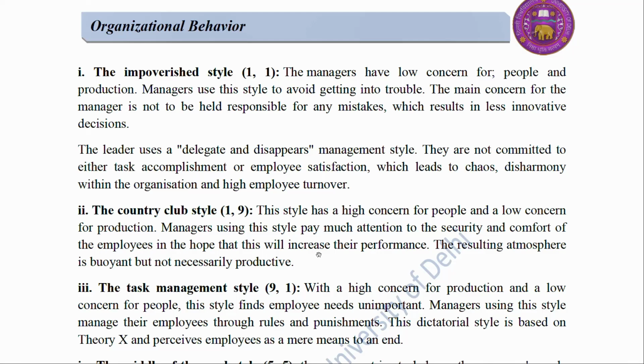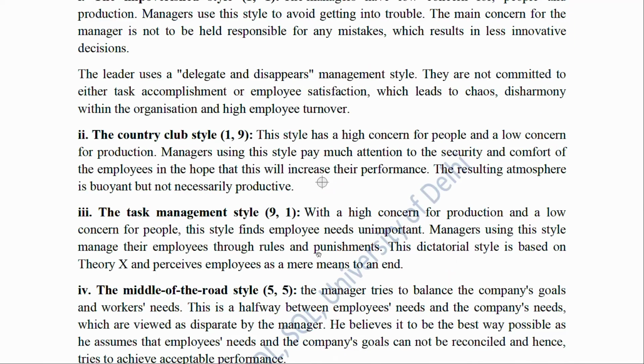The leader uses a delegate and disappear management style. They are not committed to either task accomplishment or employee satisfaction, which leads to chaos, disharmony within the organization and high employee turnover.